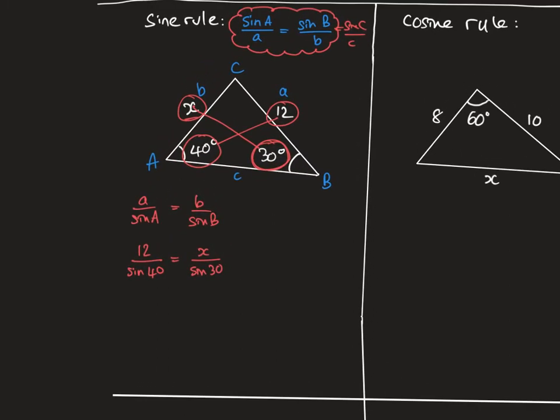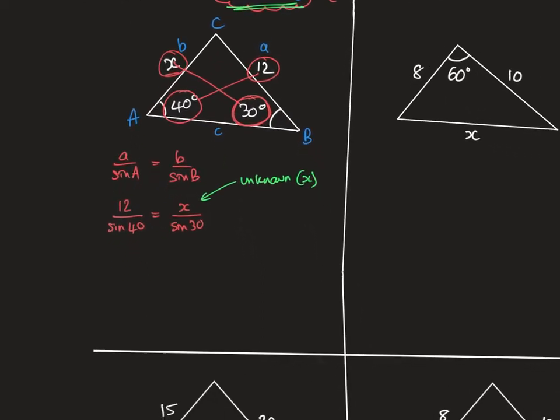Now, what I've done is I've put the unknown at the top. I put the x on the top, and this makes it much easier to solve. Of course, if you're trying to find an angle, it makes it easier if you have the angle on the top. Get into the habit of that and it makes things a lot easier.